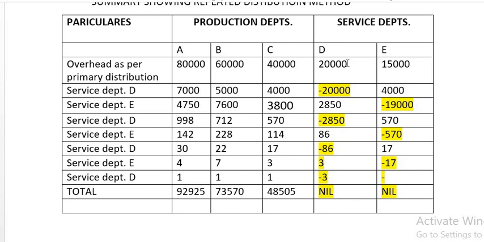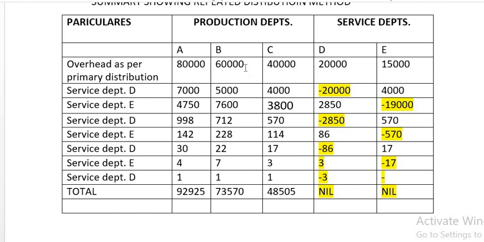Now we take the first one, service department D, which is 20,000. This 20,000 is reapportioned to the three production departments and the other service department as per the given ratios.